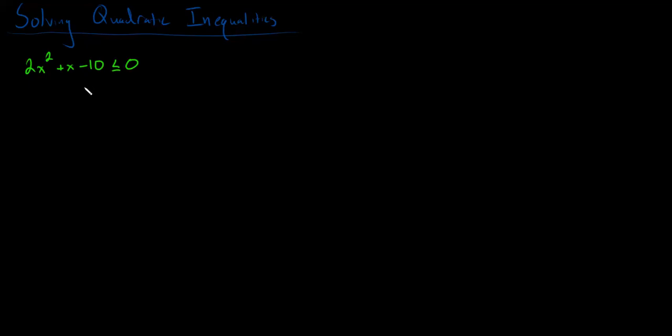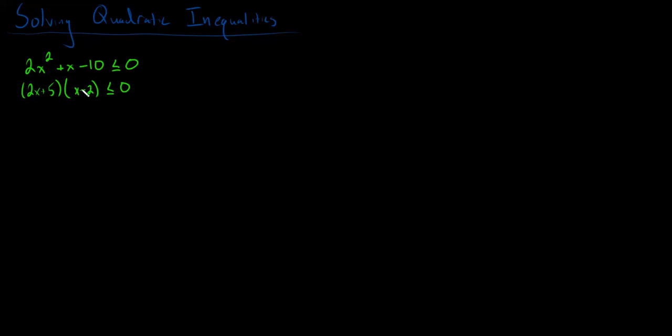Just like with quadratic equations, when we solve by factoring, we're going to have to factor this side. If we factor it, we get 2x plus 5 times x minus 2.